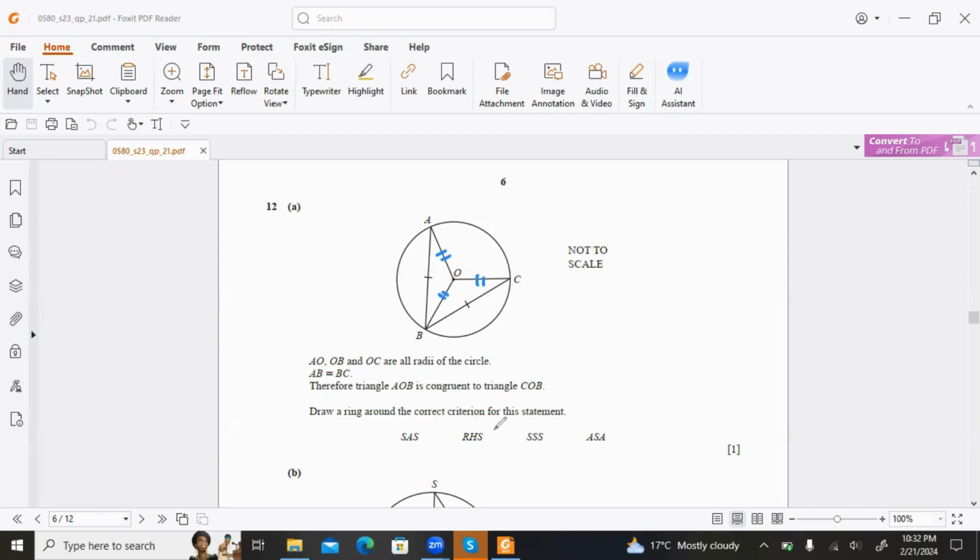Draw a ring around the correct criterion for this statement. The lengths are equal: AO is already equal to OC and OB, and AB and BC are given as equal. So SSS is the correct criterion for the congruency of these two triangles.